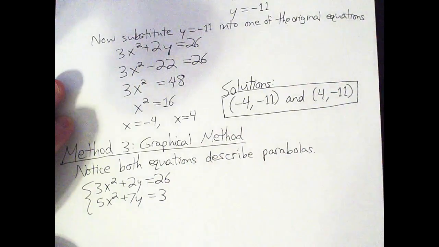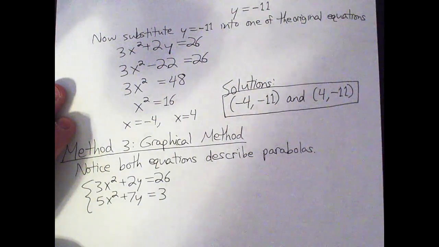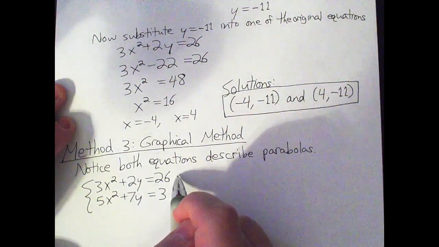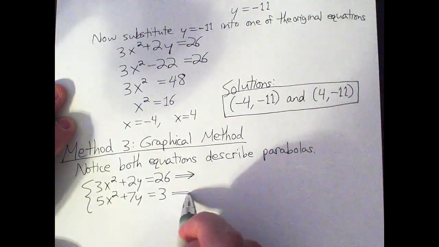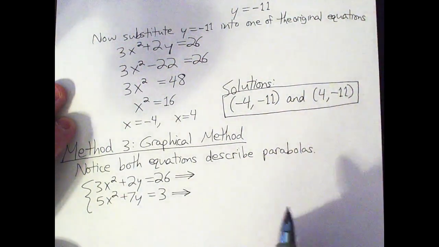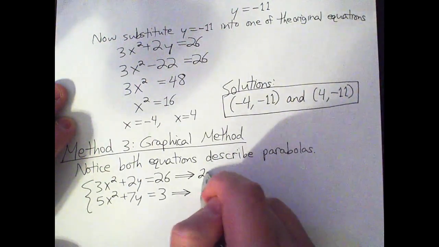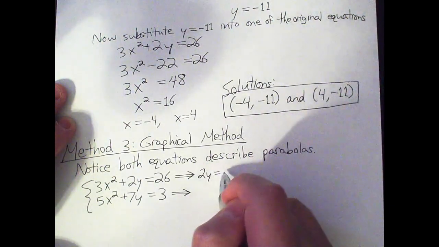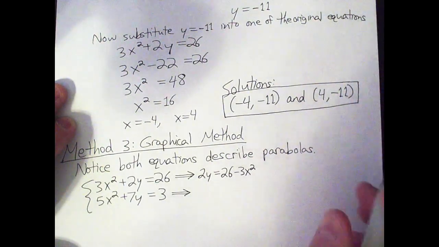Are these parabolas? I mean, they don't look like they're in the usual form. But yeah, we could take this and rearrange each one. Just move some pieces around. I guess if we tried to solve for y, you would get 2y equals 26 minus 3x squared.